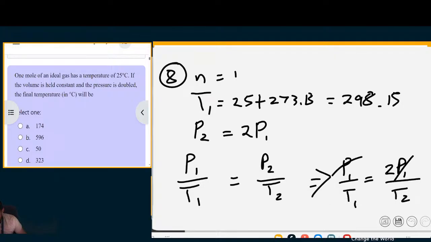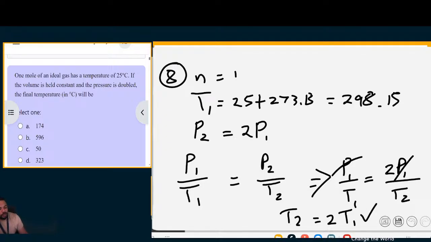We want to find out T2. If we want to make T2 the subject of the formula, we cross multiply. T2 is equal to 2 times T1, and that's what the math shows, and it just makes sense because of the ratios.